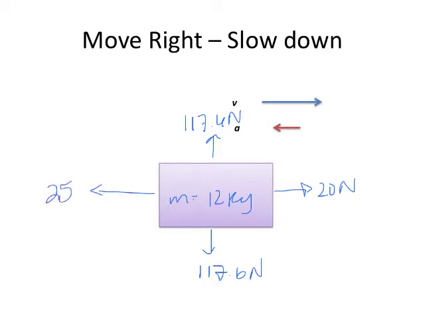So let's make that 25 newtons. This would be an example of something that would be moving to the right and slowing down. So say you're pedaling a bike but not fast enough to overcome the friction of the road. So in this case, force of friction is greater than force applied, and force applied is to the right still.